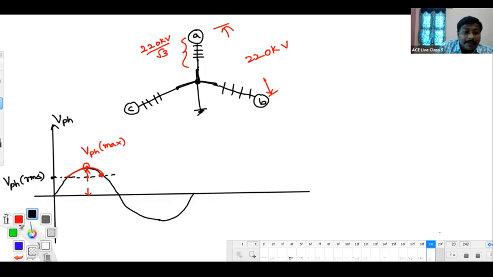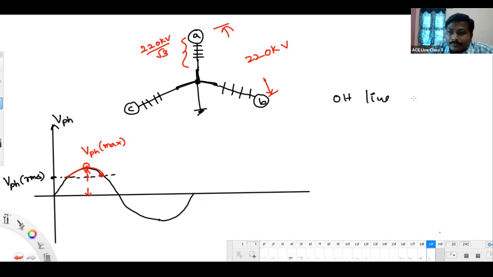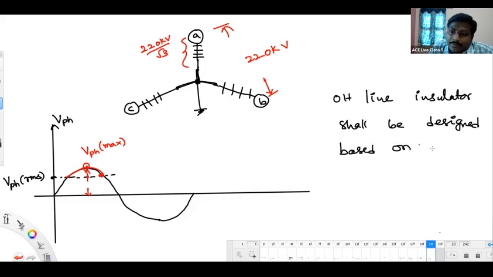Okay, so I am modifying the earlier statement, and I am writing that overhead line insulator shall be designed based on per phase peak value or peak voltage.